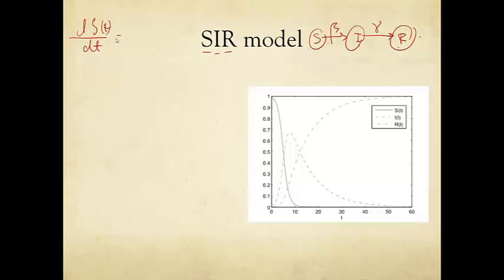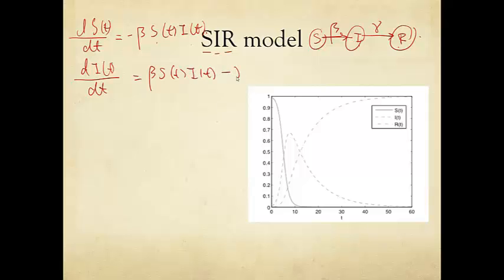This rate is minus beta S times I, just as before. The contact of susceptible and infected population with a rate of beta. Then the infected population's rate of change is, you can see visually, beta coming in, but then also gamma going out.